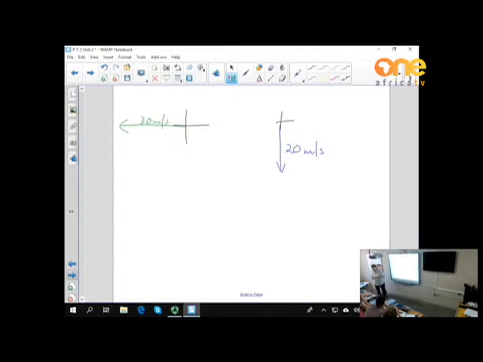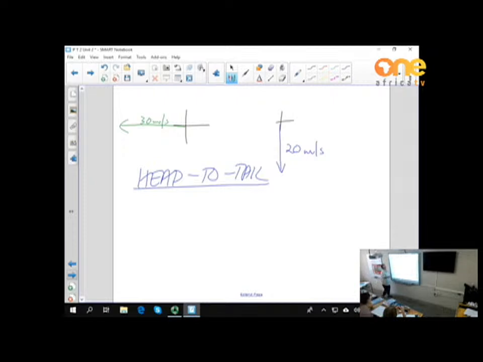Now, when I have a vector and I want to draw a vector diagram, I'm going to draw them head to tail. All right. That is the beginning. That is the end. So we are going to connect them up beginning to end, beginning to end. Okay? Do you follow? All right.